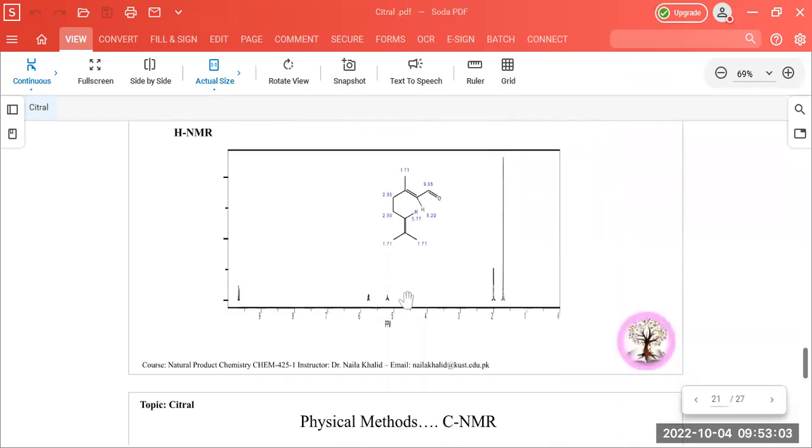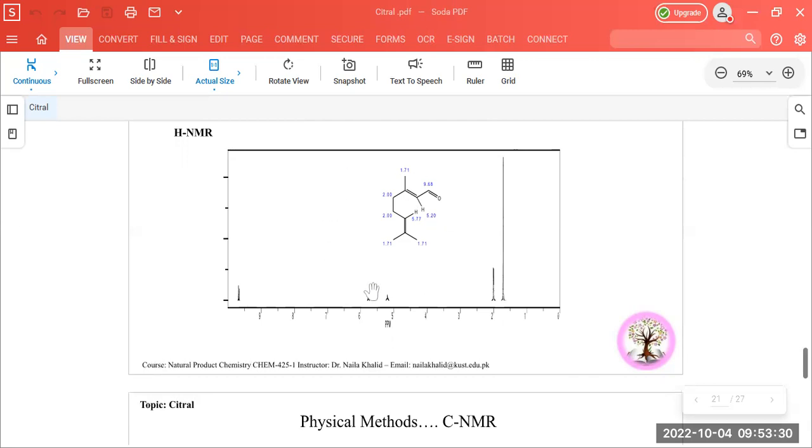Proton NMR. This is the proton NMR of the structure, and it shows the presence of the aldehyde proton in this region at approximately 10 to 11. It shows the presence in this region at 9 point something, and here this proton at 1.71 is present in one isomer.